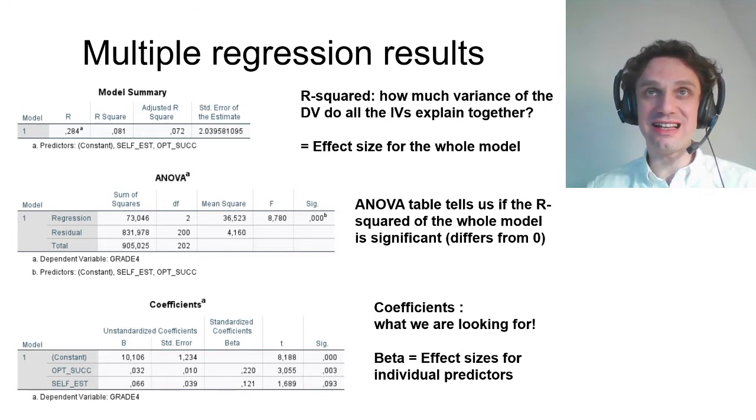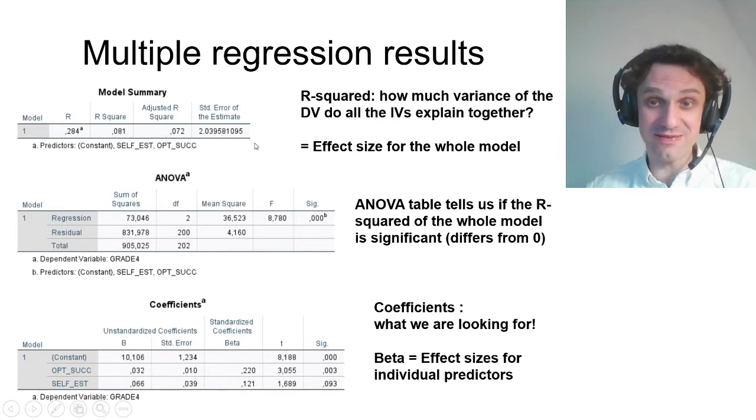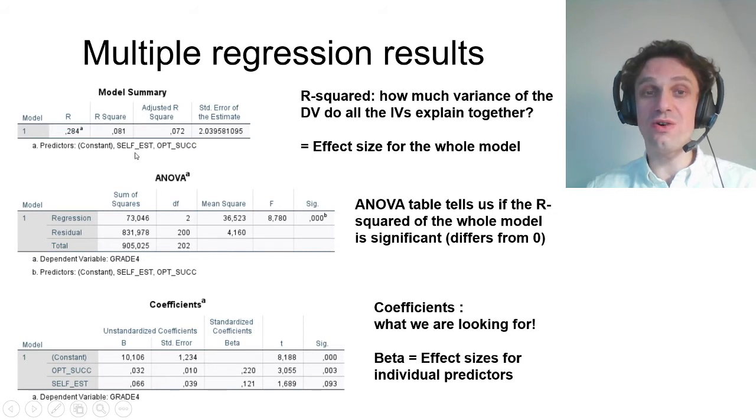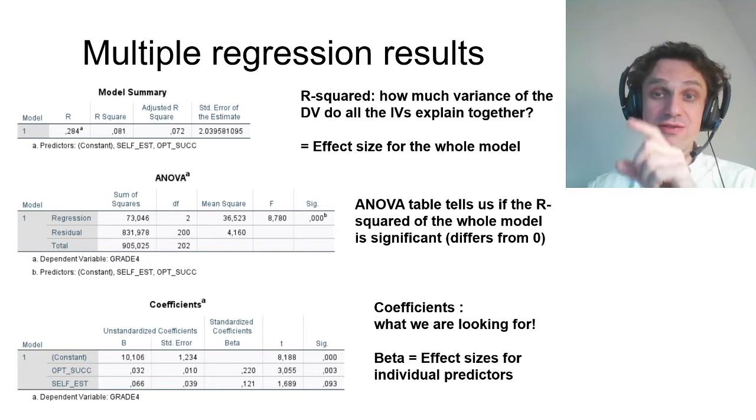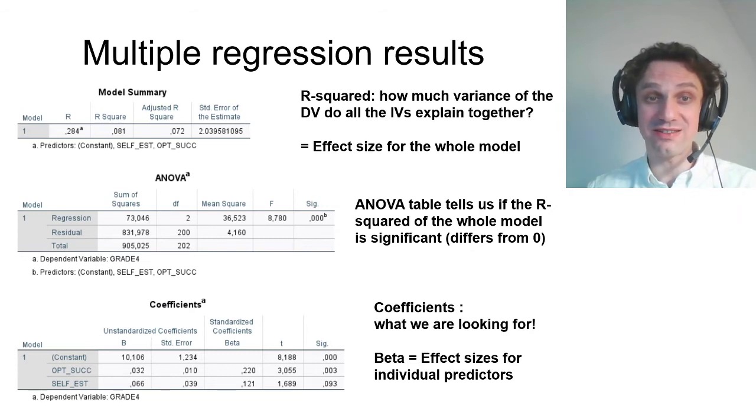So as a result, in our regression model, we have, first of all, an estimate of R squared, which is basically how much variance of our dependent variable do all the independent variables, all the predictors, explain together. And this part includes all the variance that is shared with any of the predictors by the dependent variable.